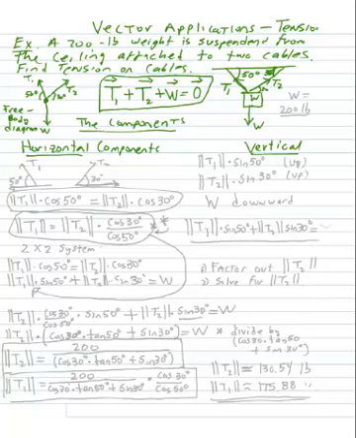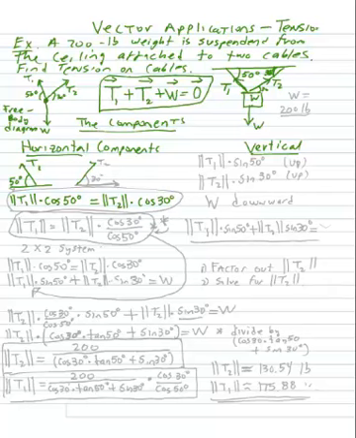If we look at the vector T1, this angle here is 50 degrees. The horizontal component would be the magnitude of T1 times the cosine of 50 degrees. The horizontal component of T2 is the magnitude of T2 times the cosine of 30 degrees.